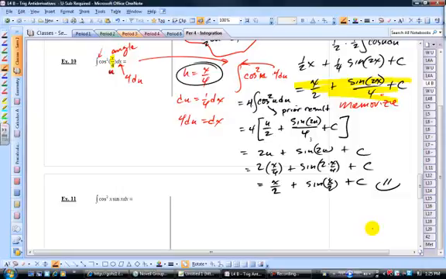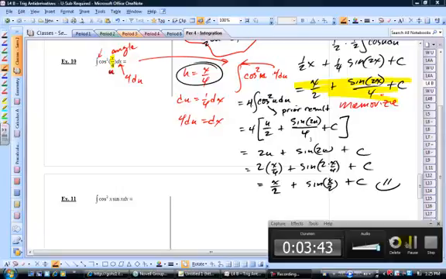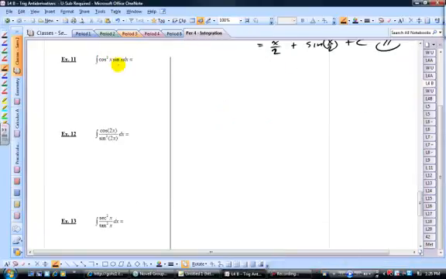All right, let me pause here for a second. Okay, let's try these last few integrals. I'm going to let u equal the inside function, the one that's being squared. So this is an example where you let u equal the entire function.